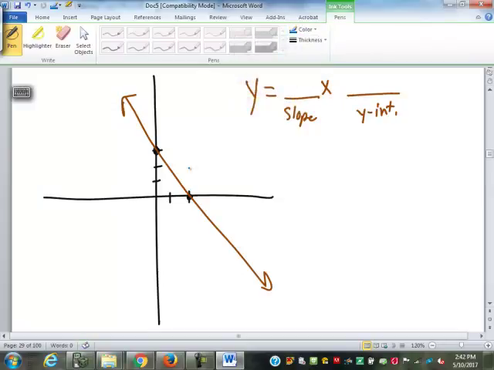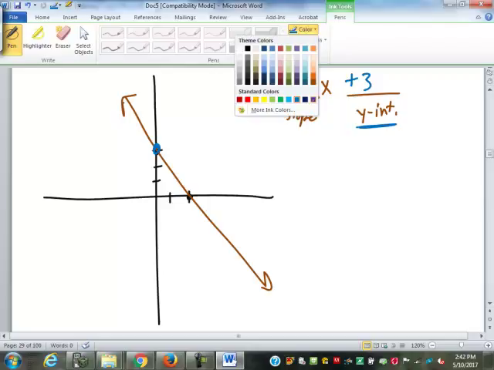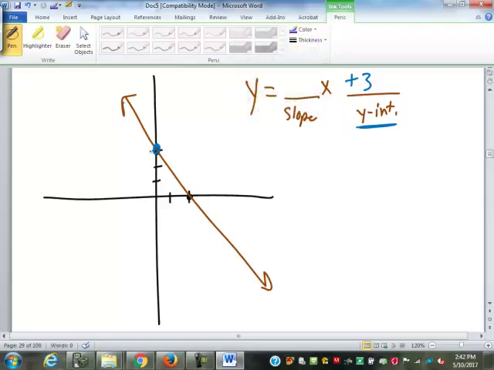Well, from the graph here, I can read the y-intercept real easy. What's that y-intercept on the graph? It's a positive 3. Good. So that's plus 3.